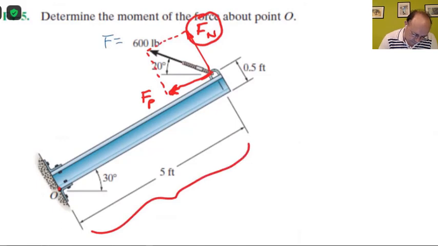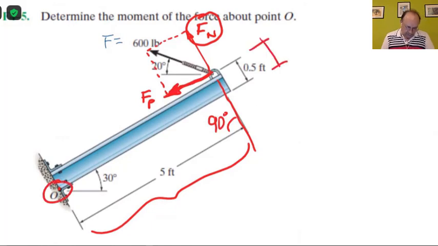You see the line of action here, and this is the perpendicular. And the distance from this other force to the point O is given right here, 0.5 feet. So what we have to do is basically find this angle here in order to get the components.